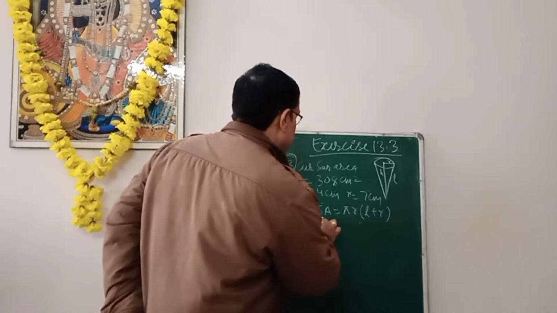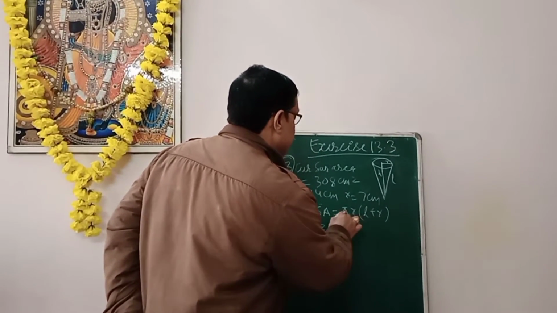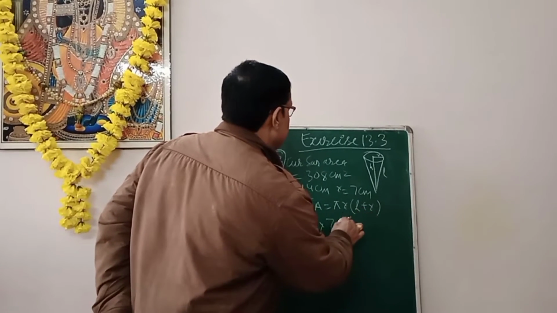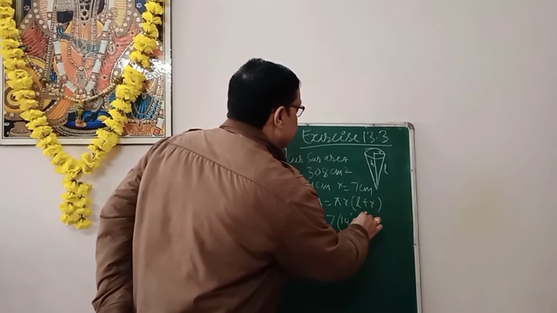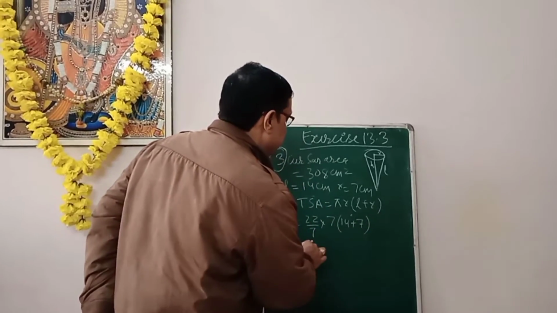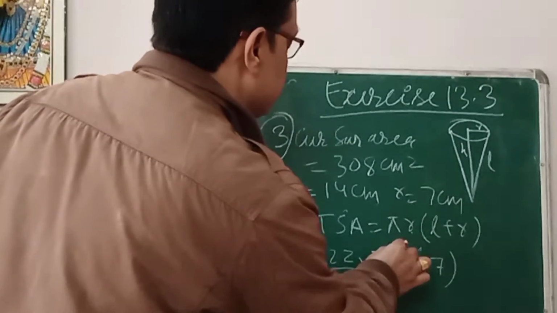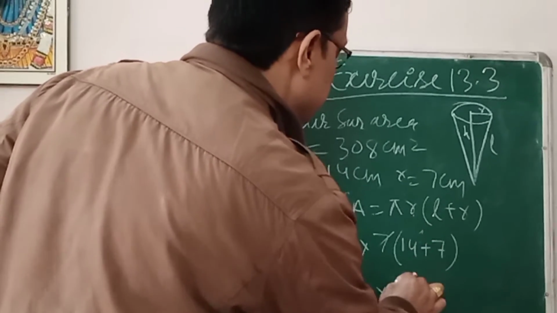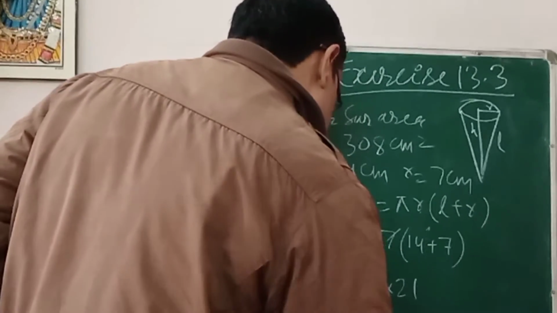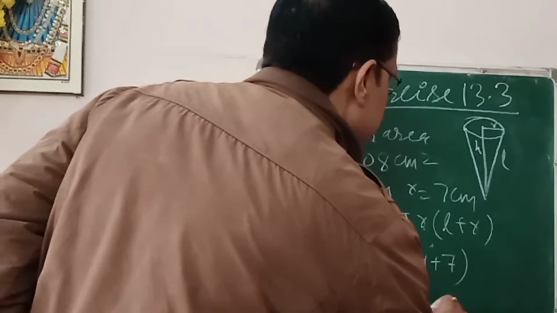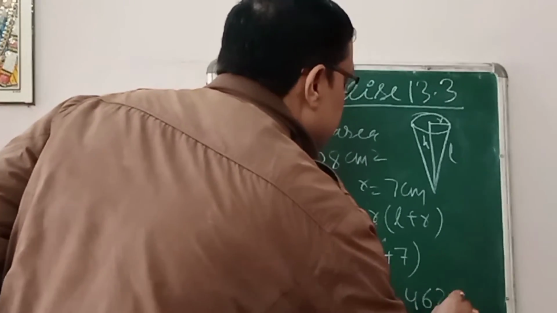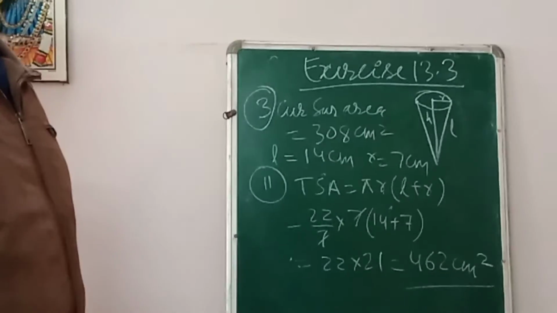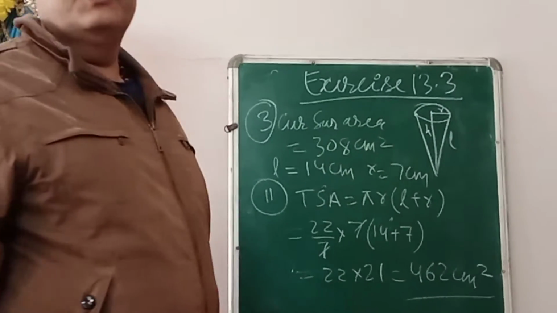So we will put the value of pi as 22/7, R is equal to 7, just calculated, L is equal to 14, and this R is equal to 7, and this is 22 into 21, and we get this as 462 centimeter square. So this is about the third question, second part.